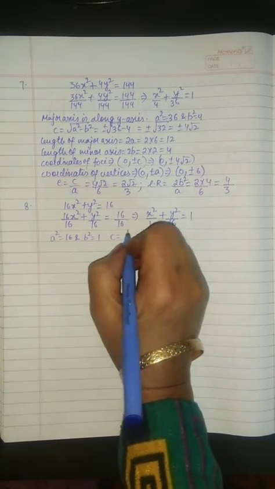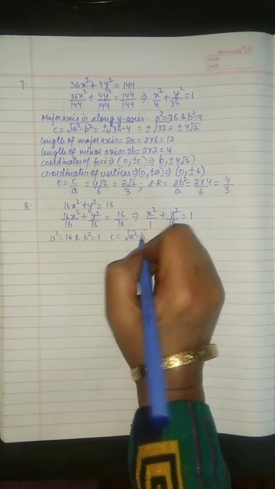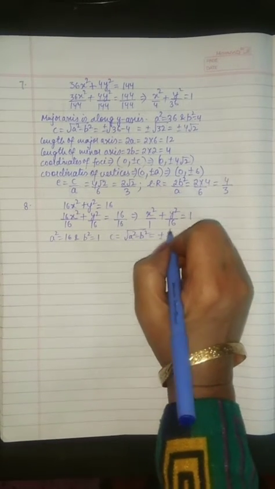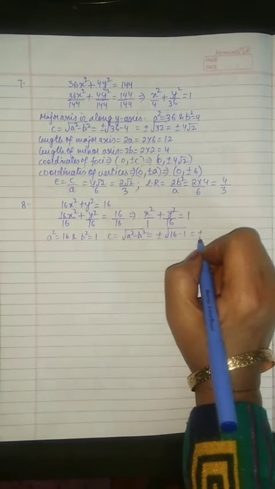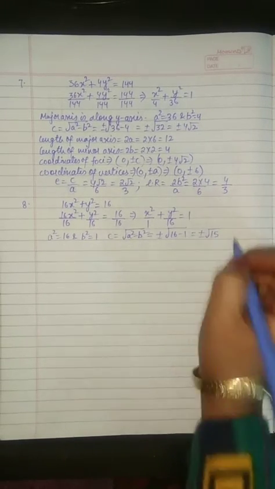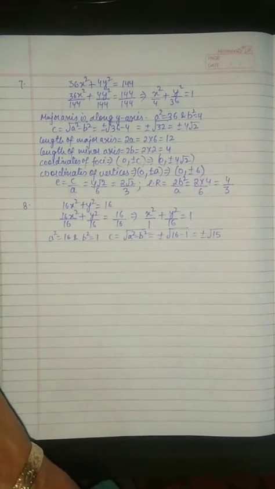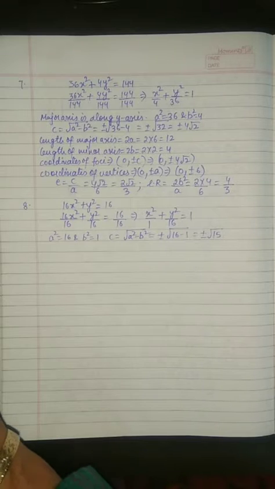So c is under root a square minus b square, that is plus minus under root 16 minus 1, that is plus minus under root 15. So the value of c will be plus minus under root 15.